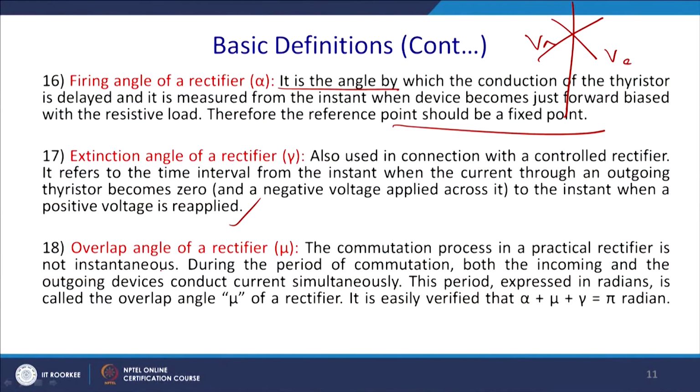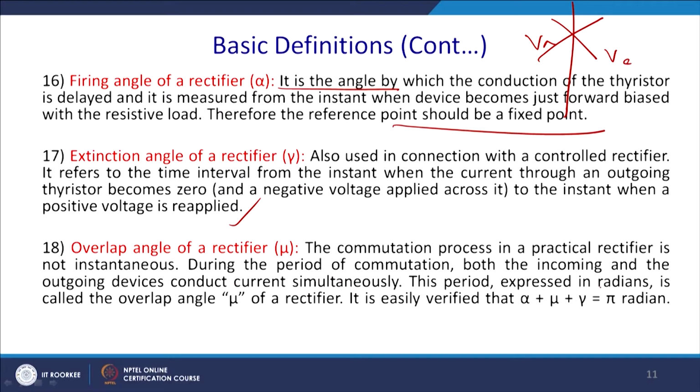Overlapping angle, that is called mu. It arises when we contradict our first assumption. We have assumed that the source does not have an impedance. It comes into the picture when the source has an inductance. The commutation process in a practical rectifier is not instantaneous. During the period of commutation, both the incoming and the outgoing devices conduct current simultaneously for a small period of time.